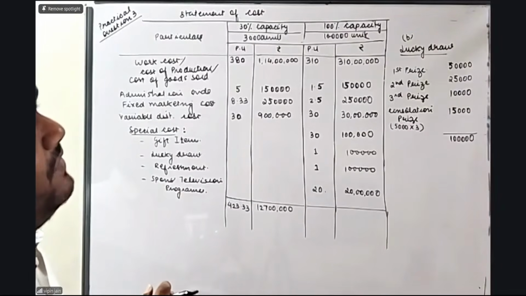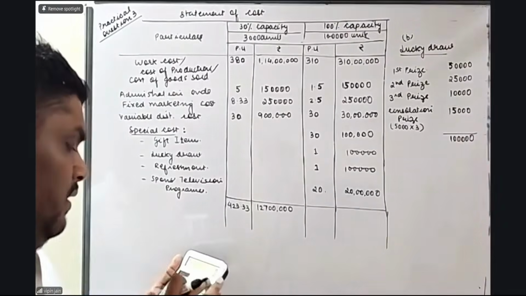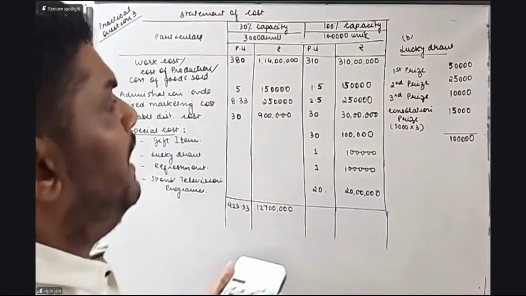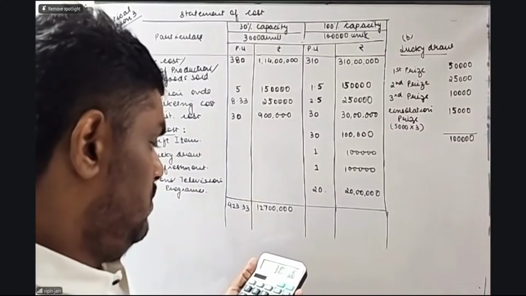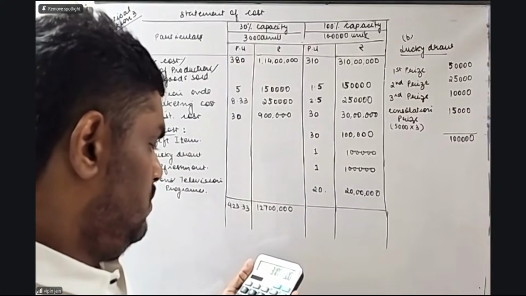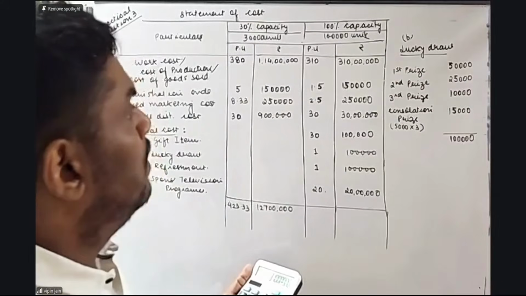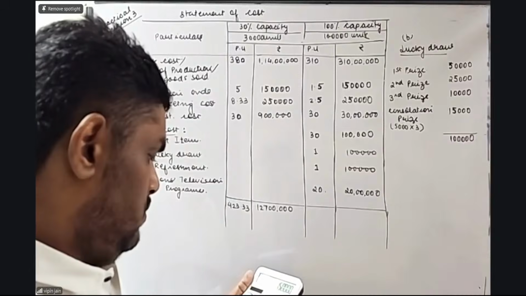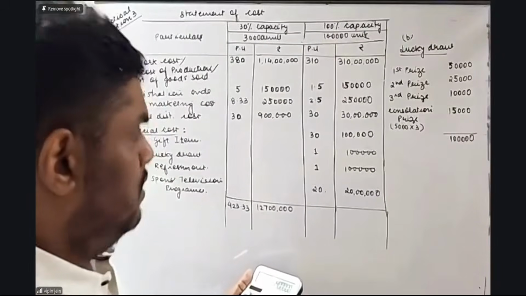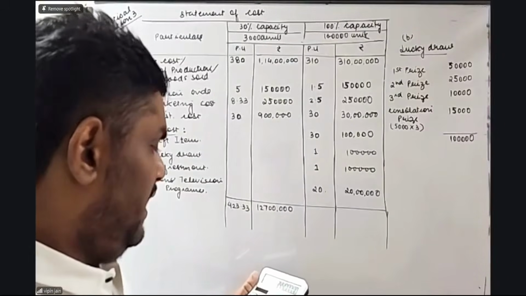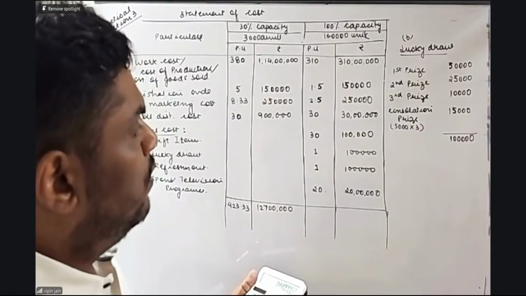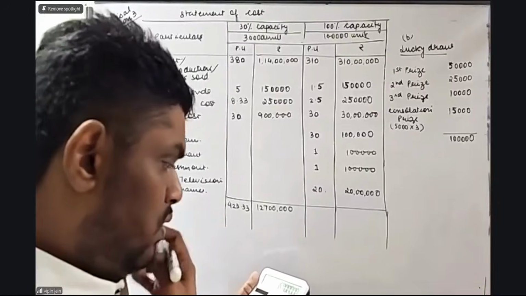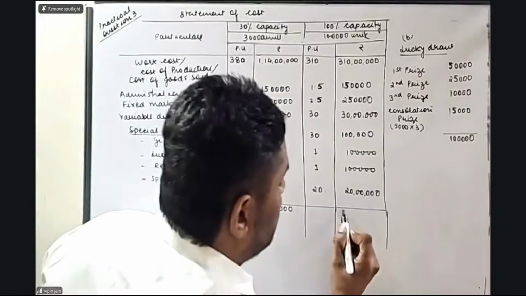Next, if we are going for 100% capacity, my cost will be 3 crore 10 lakh, 1,50,250, 30 lakh, 1, 2, 3, 1, 3 lakh, 23 lakh, 3 crore 67 lakh.